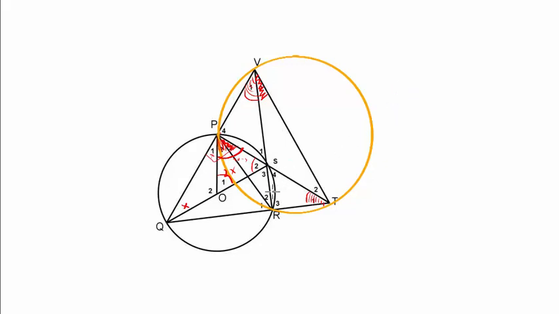R2 is also equal to T2. And then S2 is 180 degrees minus 2x minus 90 degrees. Oh no, this is also just 90 degrees minus x.